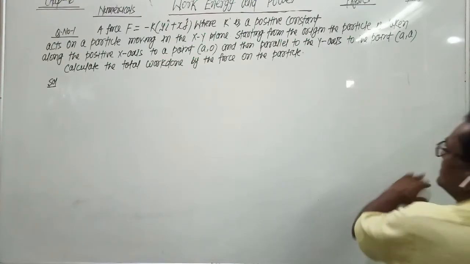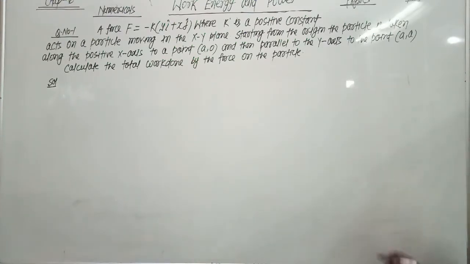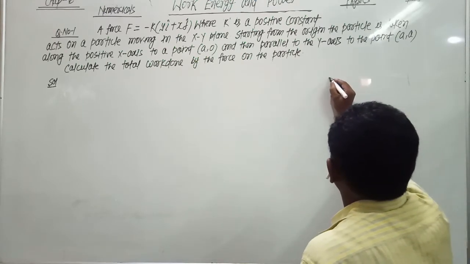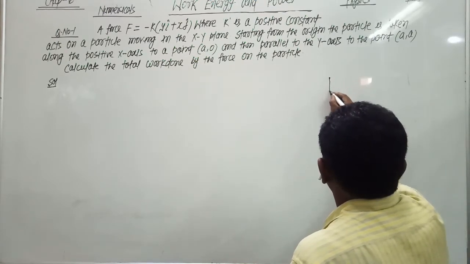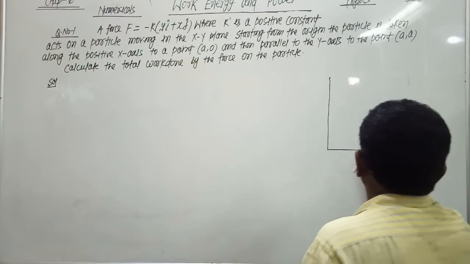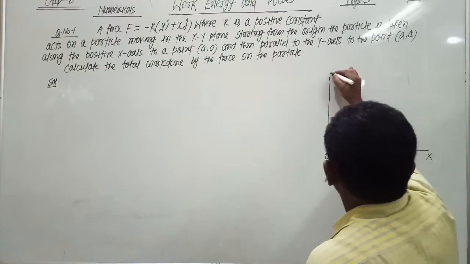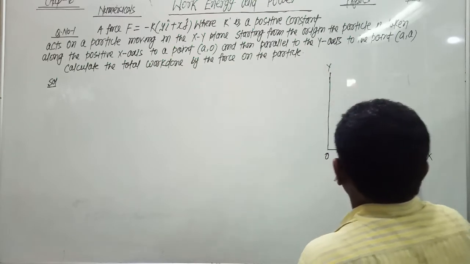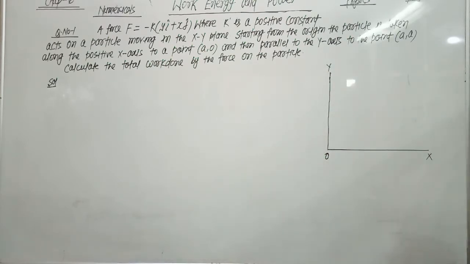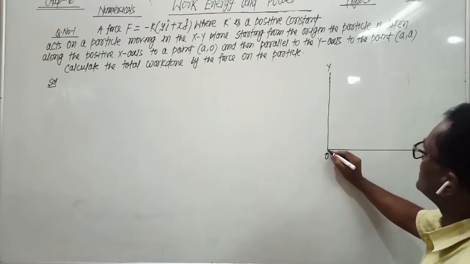There is a particle moving in the xy plane starting from the origin. So there is an xy plane, x axis and y axis. A particle started from the origin.